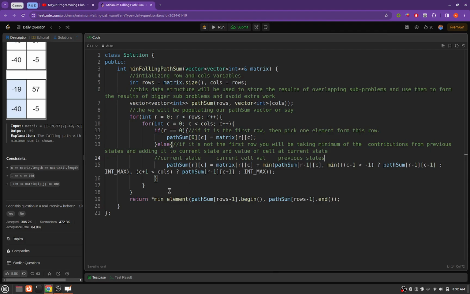I think it's fine now. And at last you will be returning the minimum sum at the last row. Okay, and this is how you will be solving this particular problem.